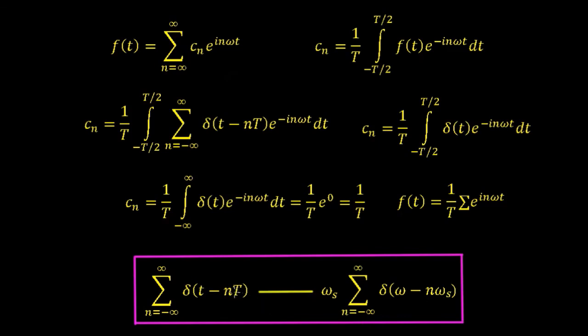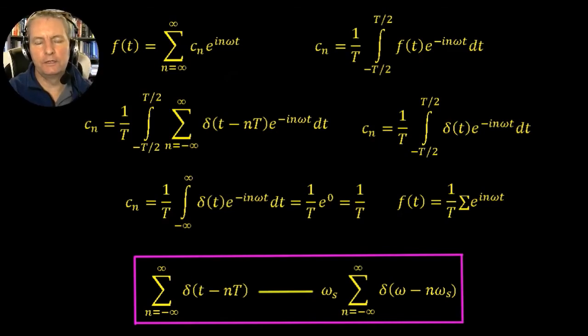If the impulses in the time domain are very close together, then the impulses in the frequency domain are going to be very wide apart, because omega is 2 pi upon T. There's an inverse relationship between omega and T. So if the impulses are wide apart in the time domain, they're going to be very narrowly spaced in the frequency domain.